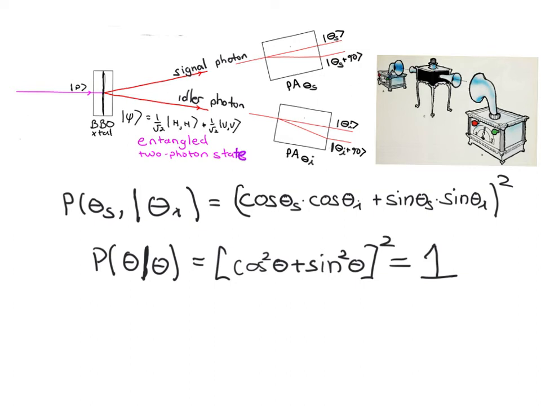And they will never come out different ports when the switches are in the same position. So we got all of that from quantum mechanics, and that's a prediction that quantum mechanics makes, which we can begin to test experimentally pretty easily down in the lab.